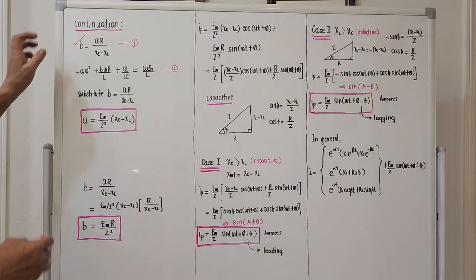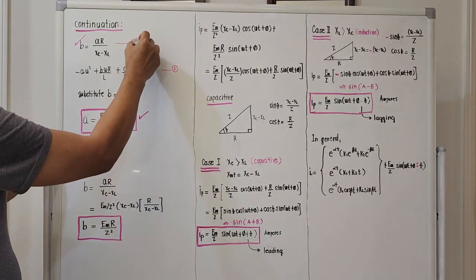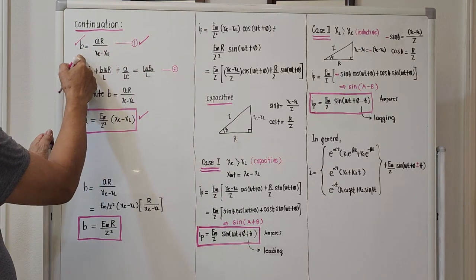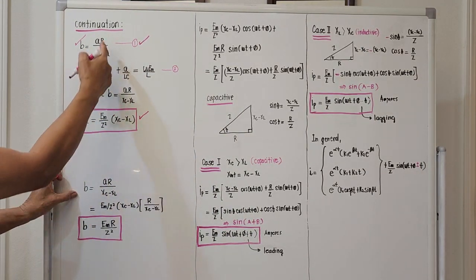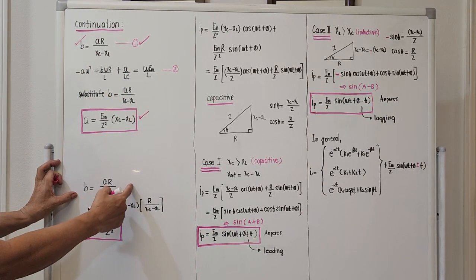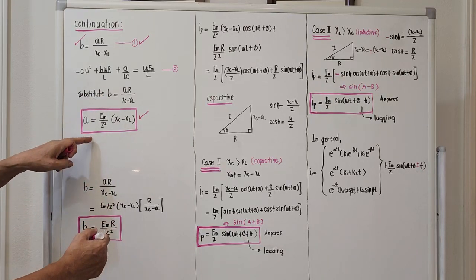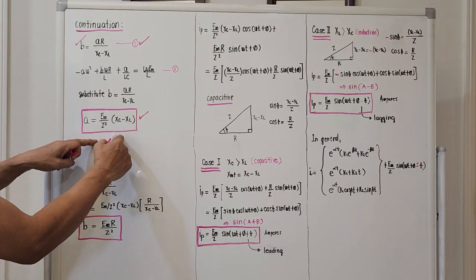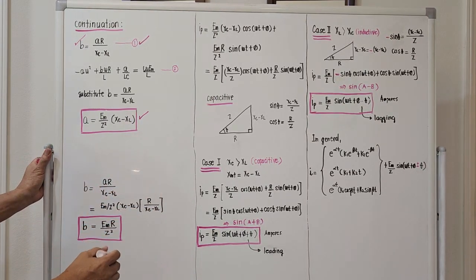And again, since this is A, we try to modify the equivalent of B in terms of all the terms. So B now will be, I will follow this, A R times the difference X_C minus X_L. But A is actually this one. So if we put A to be this one here, B now will be the simplified form of B.